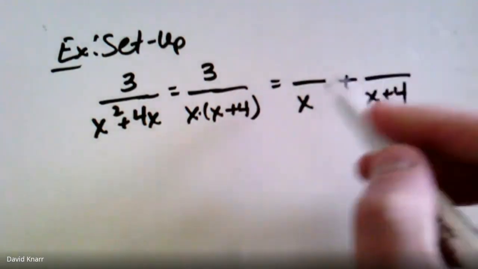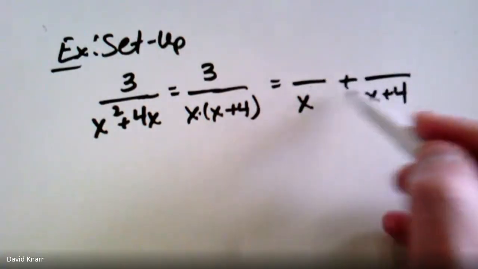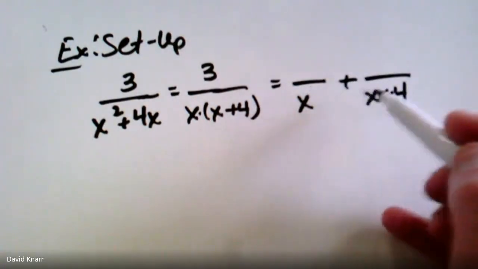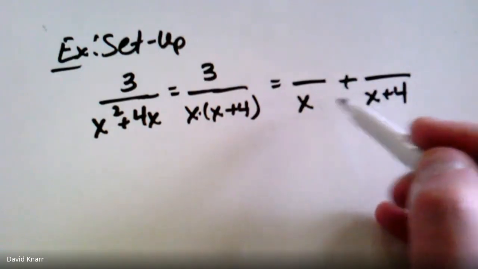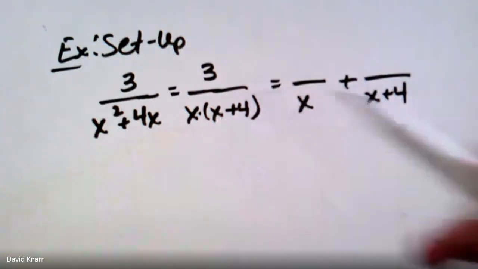Okay, if I were going to break the two fractions apart. Because if I wanted to put these two fractions back together again, the common denominator would be x times x plus 4, which is the correct common denominator.